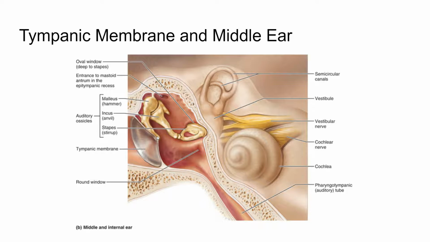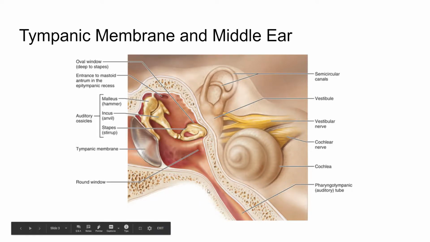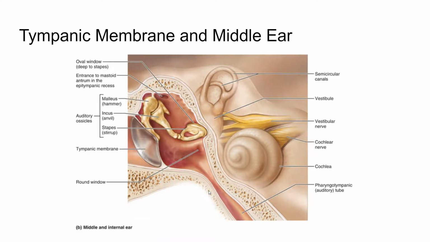A lot of times the way they deal with this is they insert a little plastic tube into your eardrum to relieve that pressure until you can deal with these issues of constant ear infections. Just an interesting thing. I had tubes twice when I was young.